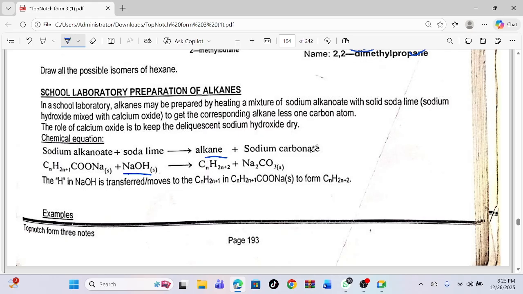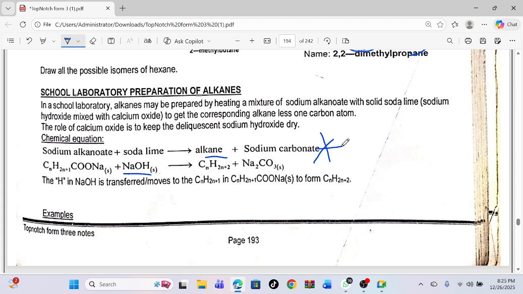So this is sodium carbonate. The rules for this preparation ni, number 1: sodium carbonate will be forever constant, no matter the kind of alkane that you are preparing. For example, if I am preparing methane, I will get methane plus sodium carbonate.